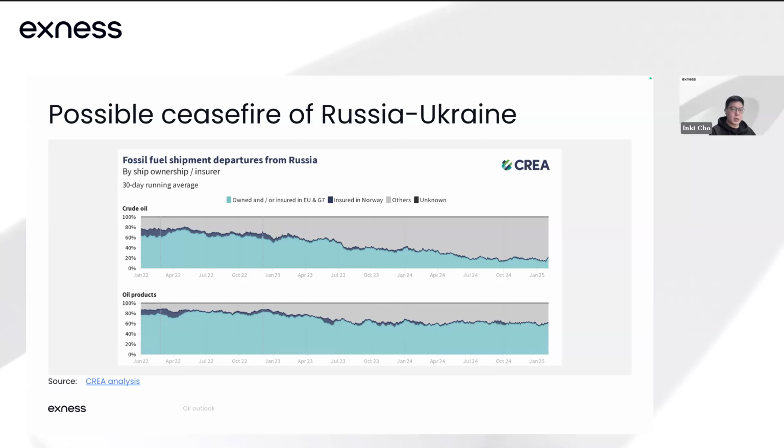The former president has proposed a ceasefire between Russia and Ukraine while also working on relaxing energy sanctions on Russia. Given that Trump's tariff policies are expected to drive inflation higher, it seems like Trump is using lower oil prices as a counterbalance. This suggests that the Trump administration will likely prioritize efforts to push oil prices down in the near term.